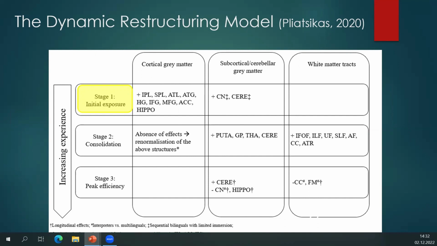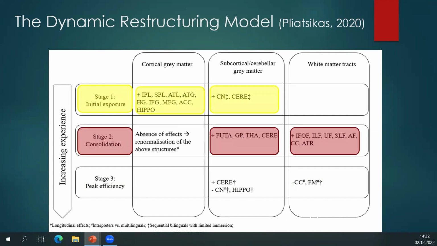You're very likely to see increases in parietal regions, temporal regions, frontal regions, and the hippocampus. All regions related to the acquisition of a language, and some of them related to language control. And also, you start seeing some effects in the caudate nucleus, which is a subcortical structure very important for cognitive control in general, and the cerebellum.